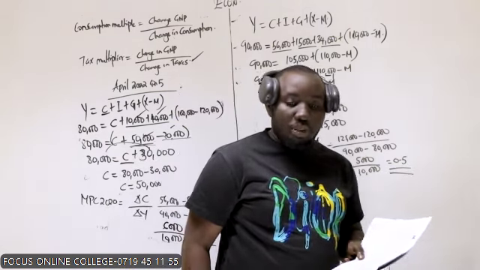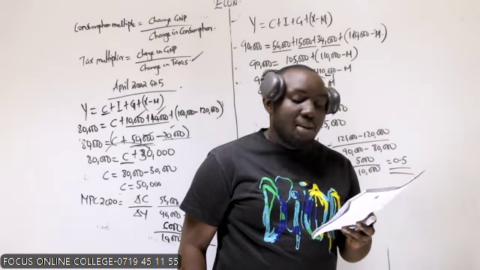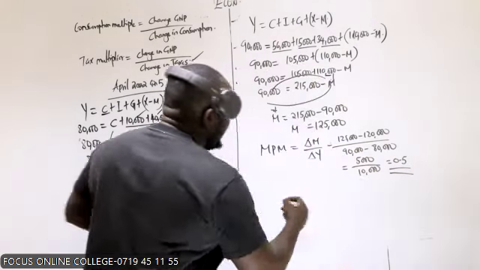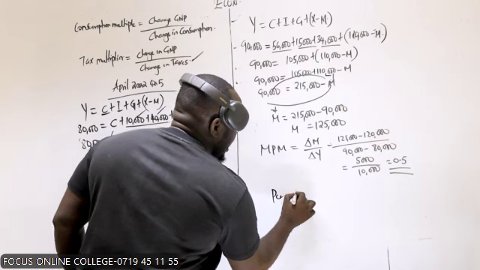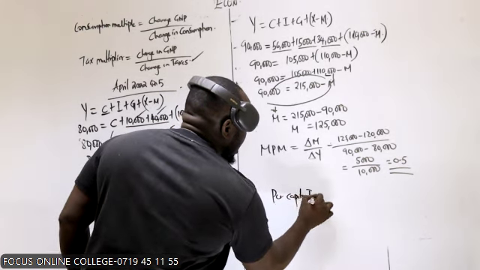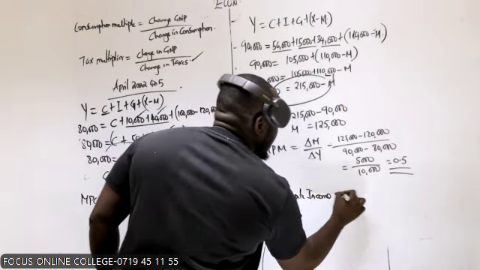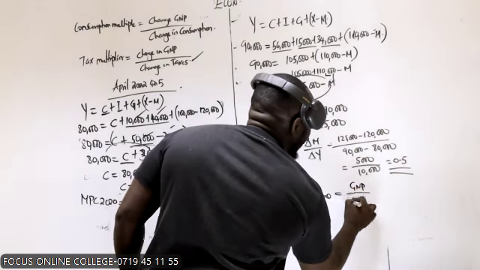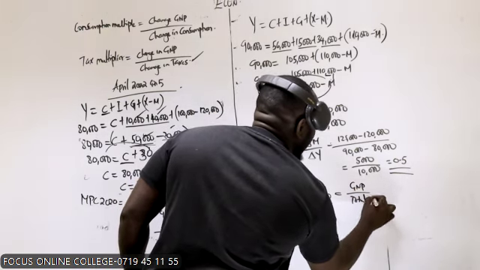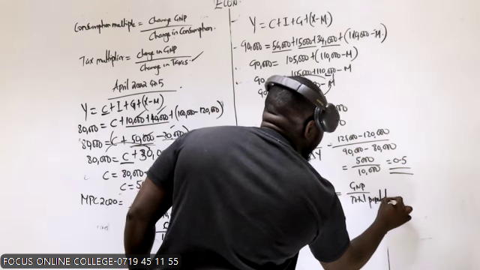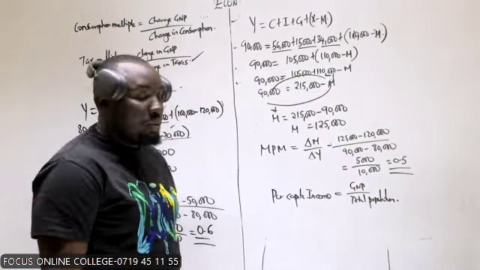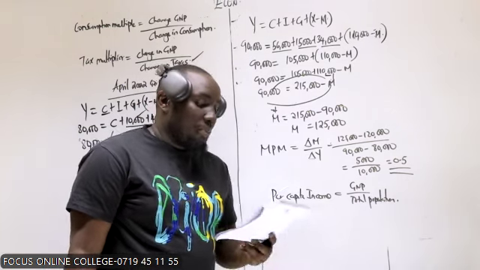GNP over total population. So per capita income is GNP over the total population.